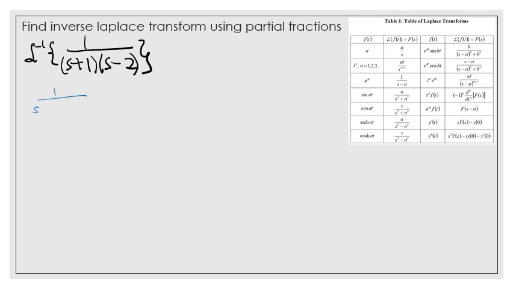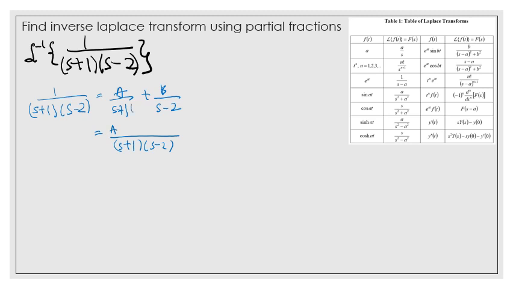We have 1 over (s plus 1)(s minus 2) equal to A over (s plus 1) plus B over (s minus 2). Right, then we compare the denominator, we get (s plus 1)(s minus 2). Okay, we combine the denominator. Then the A here also must multiply.